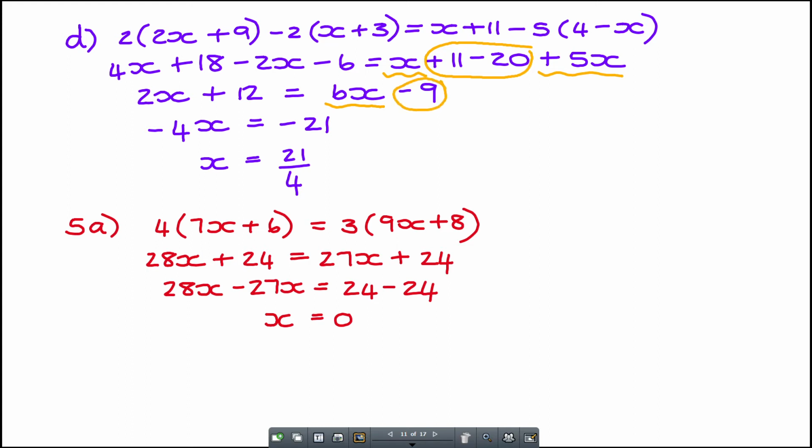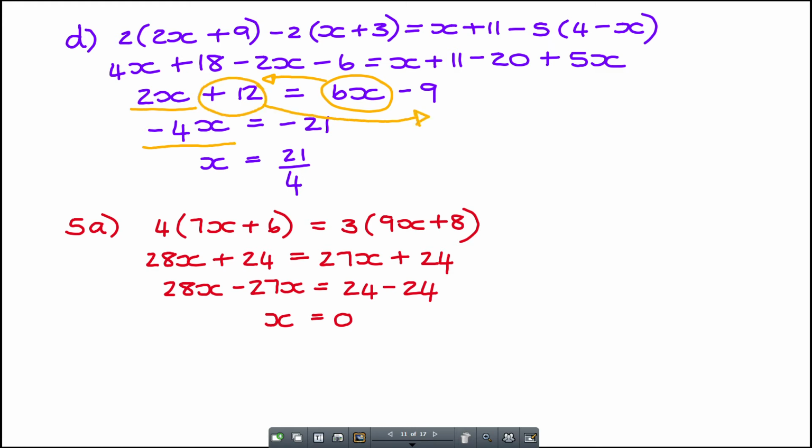You fine with that? Okay, now from there, I'm going to take unknowns to the left, normal numbers to the right. So that one has got to move over. So it will be 2x minus 6x, and that's how I get the minus 4x. Okay, then this 12 has got to move over. So it will be minus 9 minus 12, and that gives me the minus 21. Are you fine with that?